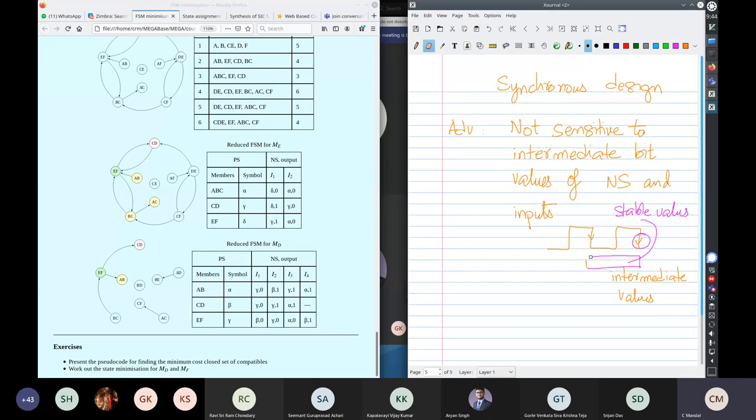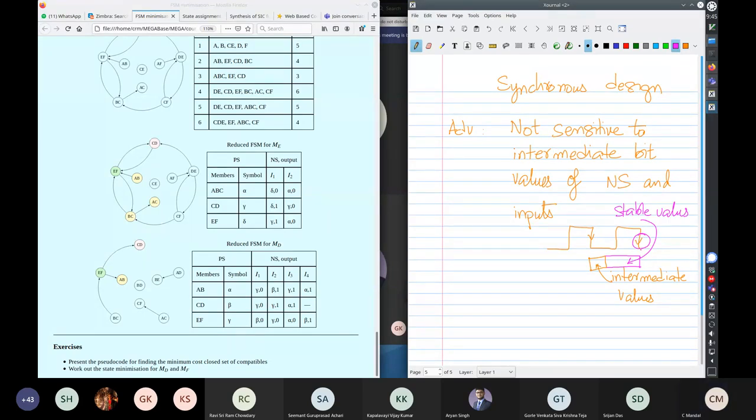These intermediate values are somewhere over here. These are your intermediate values, and these are your stable values. All right.